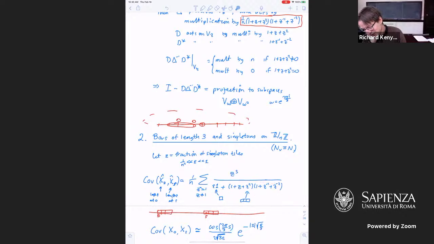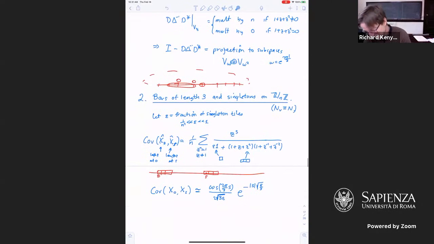If epsilon is 0, this function has a pole somewhere along the unit circle. And the fact that there's an epsilon means that pole gets mollified a little bit into a bump function. And it's not hard to work out the asymptotics here as a function of epsilon, as epsilon is very small. Here's the formula. You still get this periodic behavior, cosine 2 pi s, so it depends on whether s is a multiple of 3 or not.